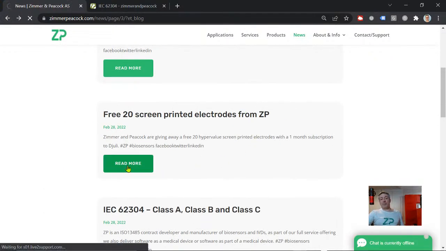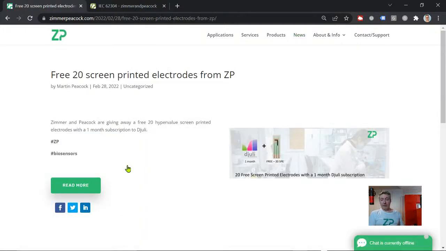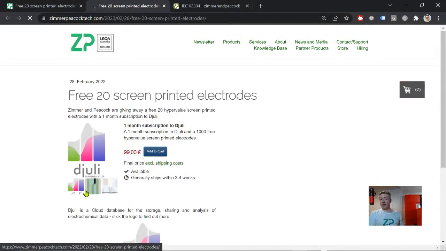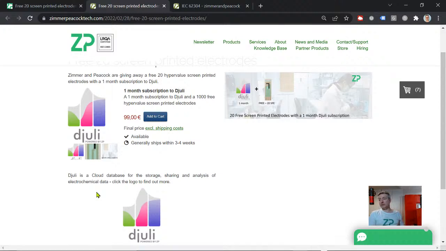Now, in line with our vision, at Zimmer and Peacock, we really like to disrupt the market. So we're looking at screen printed electrodes and electronics, and we're saying, I'll tell you what, let's just give these things away essentially as freebies with the license to Julie. Julie is really an excellent product from ZP. It allows us to upload our data, share our data, analyze our data, and for that we sell subscriptions.